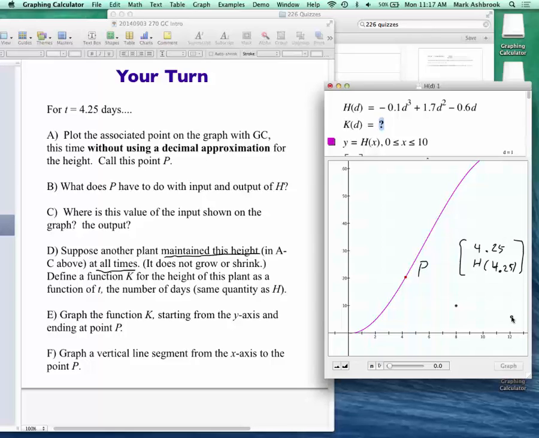Same as H of D? The same function? Is it the same function? It maintains the same height as the sunflower at 4.25 days, but for all times. Oh, for all time.